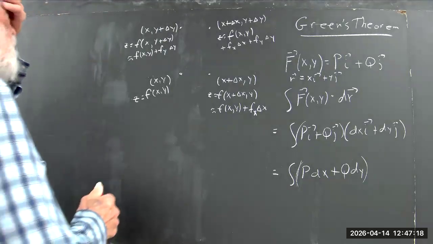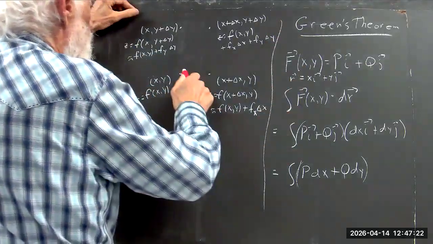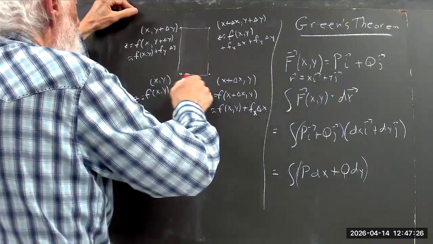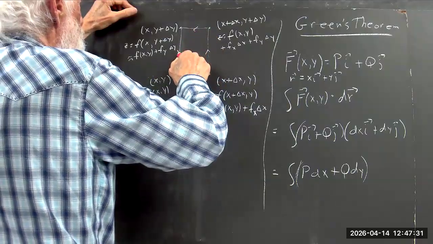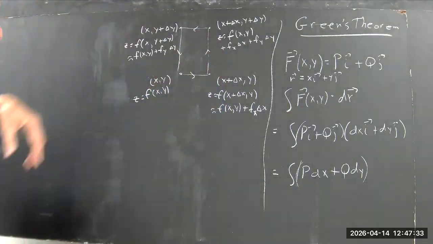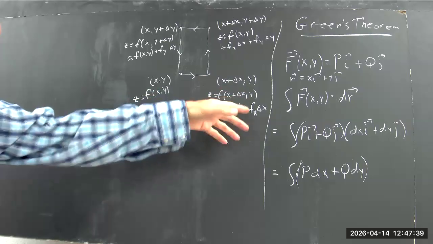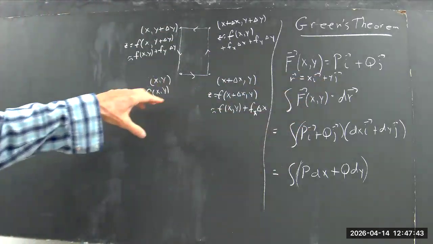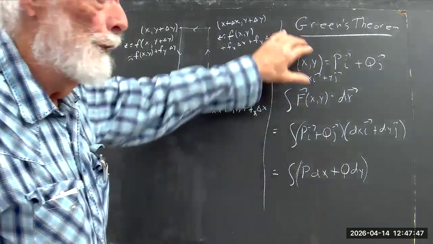Now, if I'm doing a line integral around here of just the function f, not the vector function here, but just some function little f of xy, which has nothing to do with these functions.